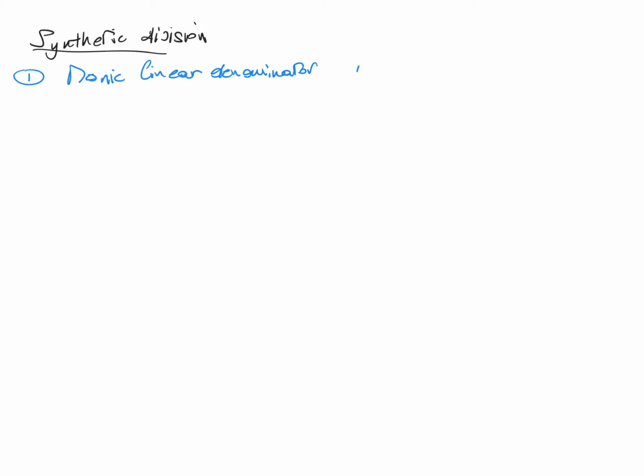So here in this case my d of x is of the form x minus a. So this is linear because the degree of d is 1. So it's a first order polynomial, x to the power 1 minus a. It is monic because the leading term is 1. So here the coefficient with x is just 1.